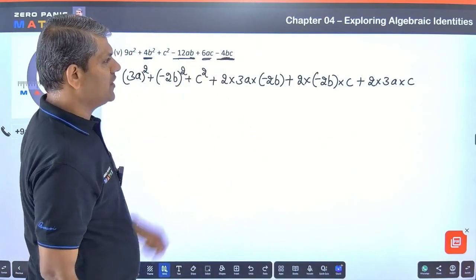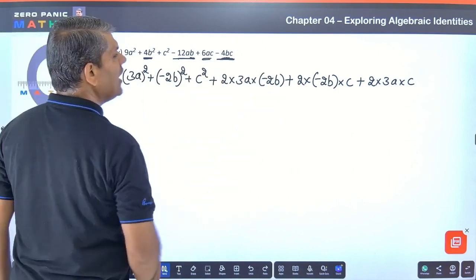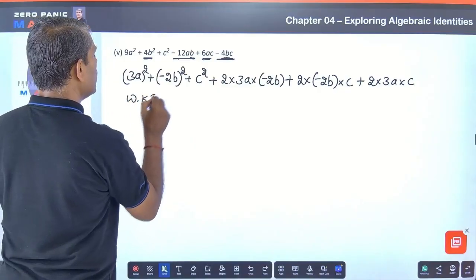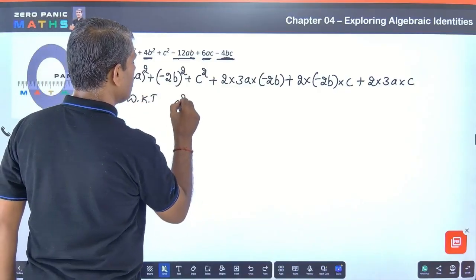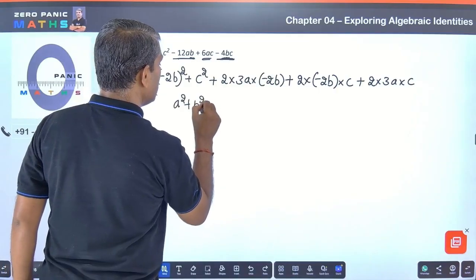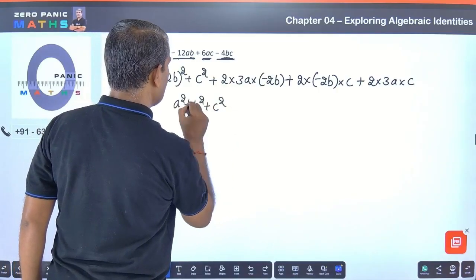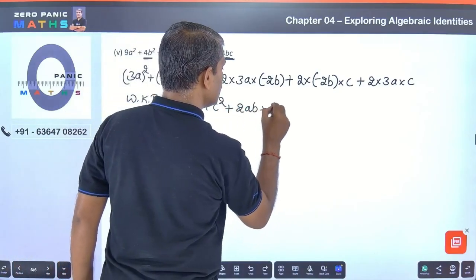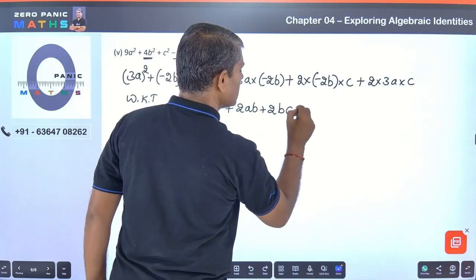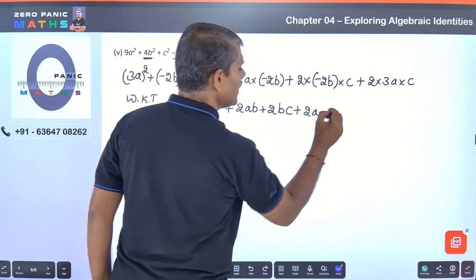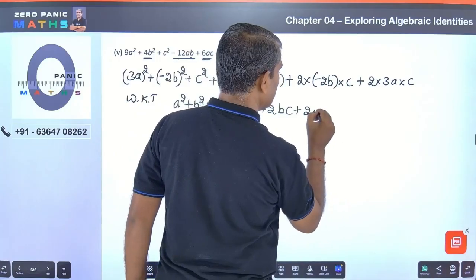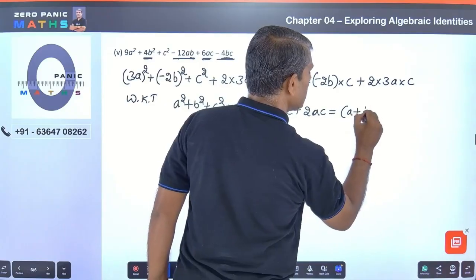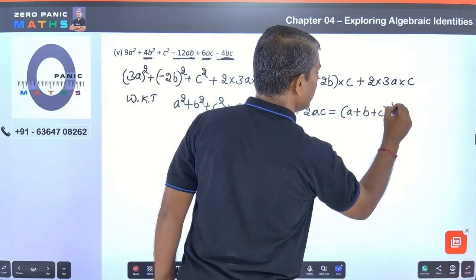So I've written it in the expanded version of (a plus b plus c) whole square, that is a square plus b square plus c square, plus 2ab plus 2bc plus 2ac, and that is equal to (a plus b plus c) whole square. We know that.